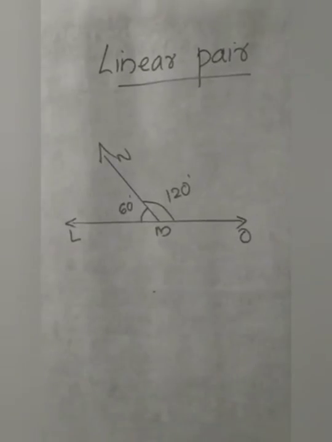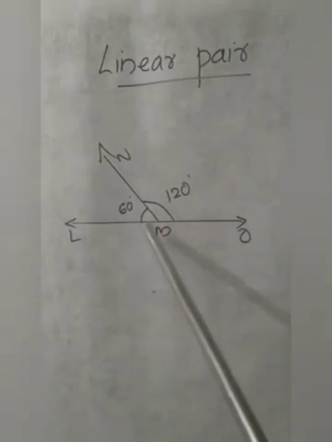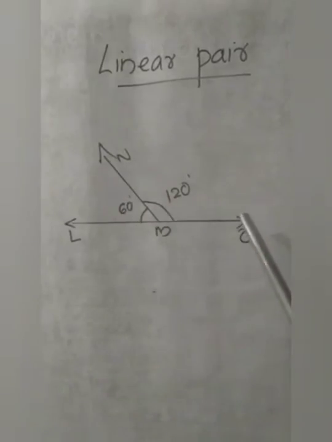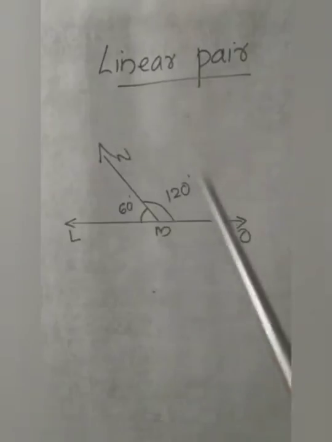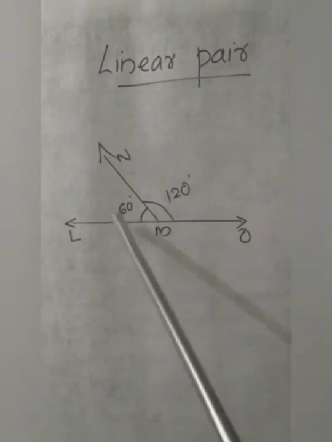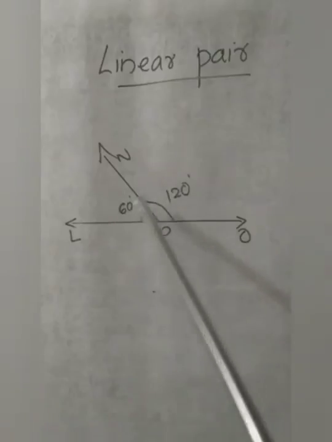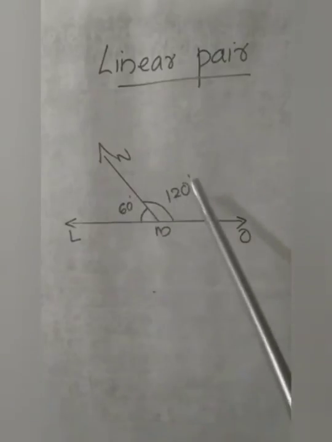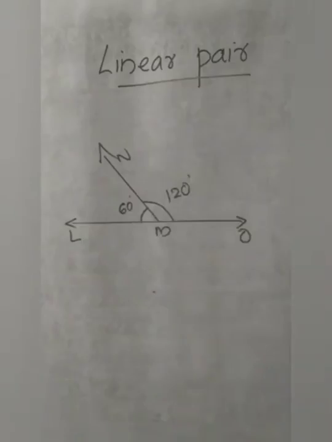So what is a linear pair? Look at the figure. Here we have two angles. What are they? LMN and OMN. If these two should be a linear pair, when I add these two given angles, here 60 degrees, here 120 degrees. What is the sum of 120 and 60 degrees? 120 plus 60 is 180 degrees.